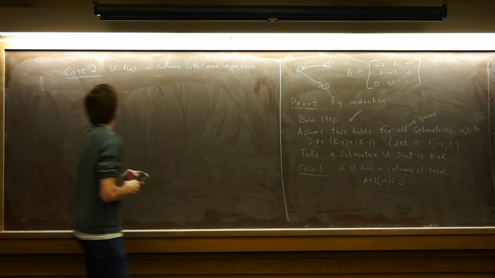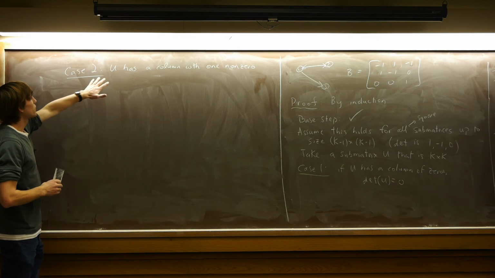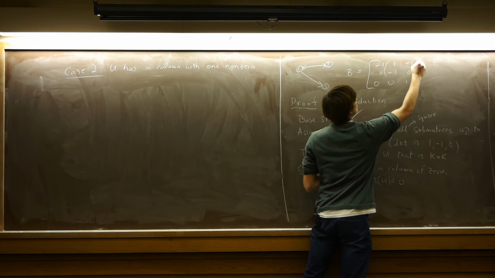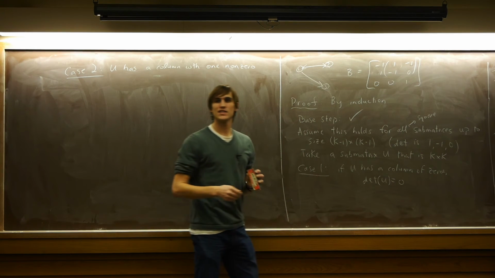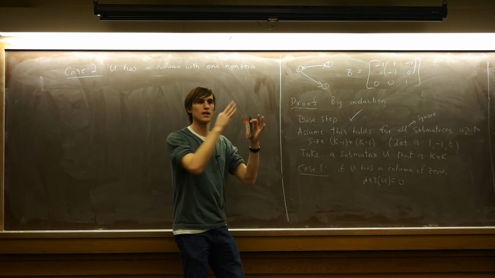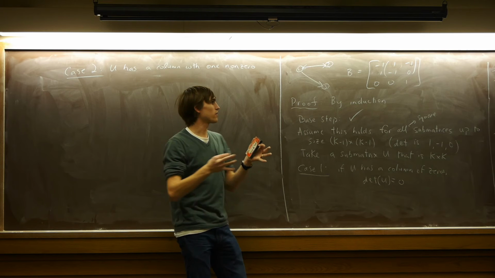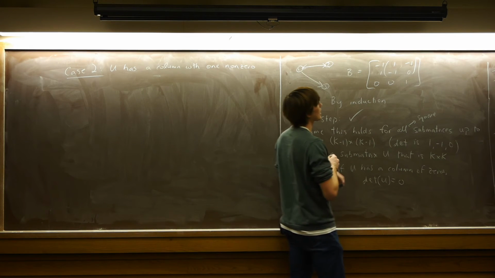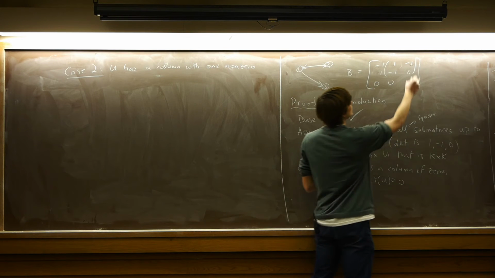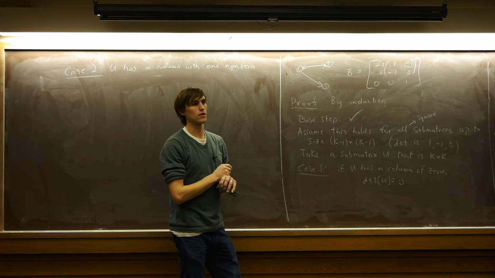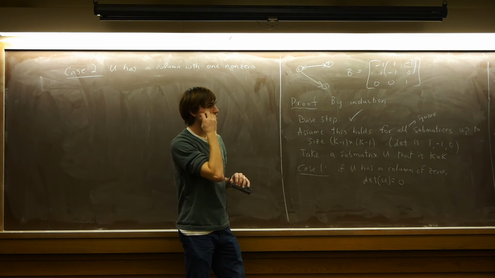Okay, so here in case 2, we were just saying if U has a column with just 1 non-zero, say take this right here. This is the same type of reasoning that we used when we proved that M with an extra vector e sub i tagged onto it is going to have determinant 1, 0, -1. We're doing this thing again where I have a column with only 1 non-zero entry.